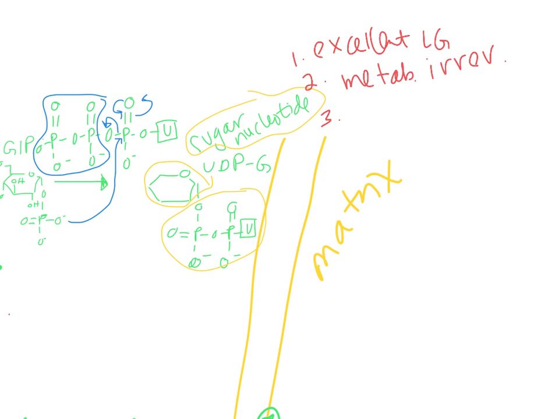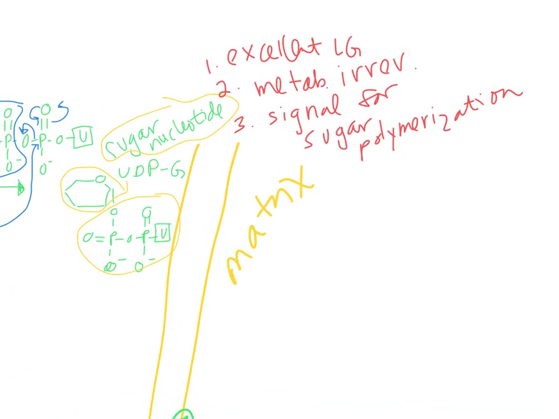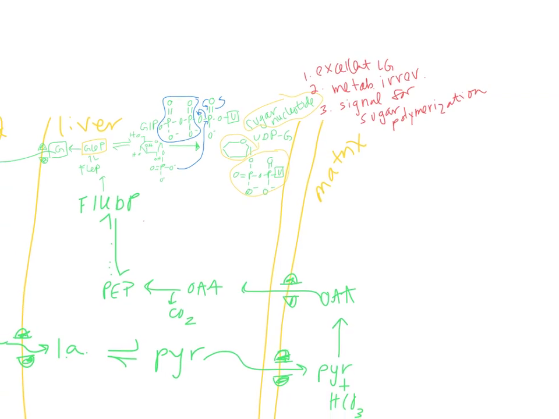They're basically a signal for sugar or carbohydrate polymerization. So sugar nucleotides are a signal that we're going to make glycogen. They're metabolically irreversible, so we can't go backwards. And they have a really good leaving group. That nucleotide is a super good leaving group.